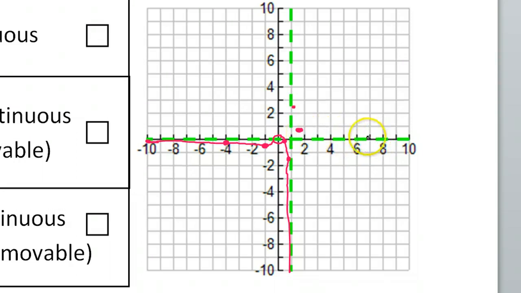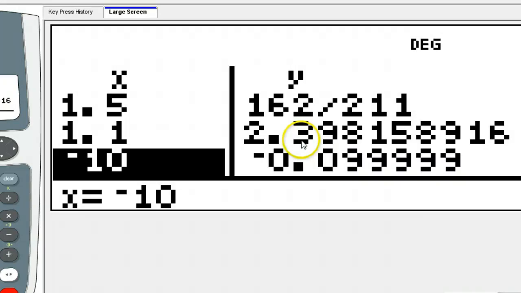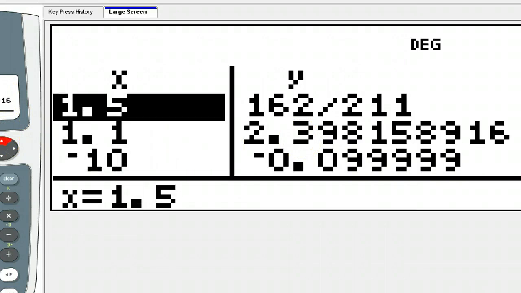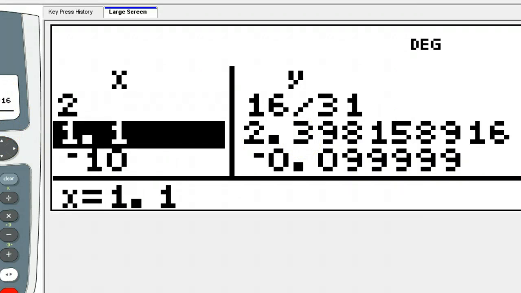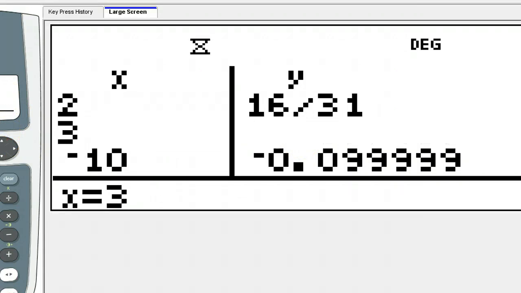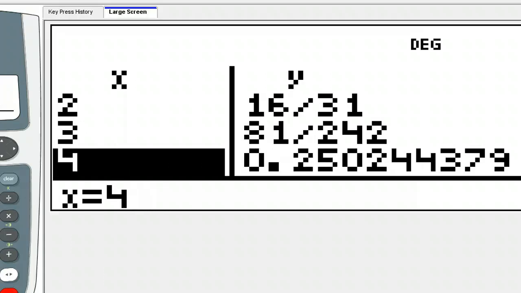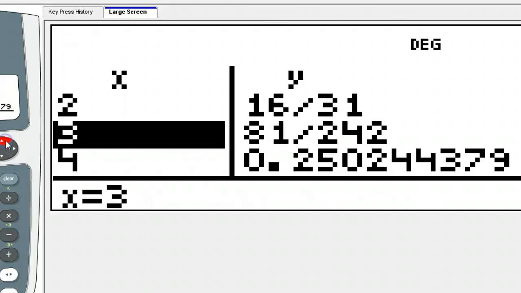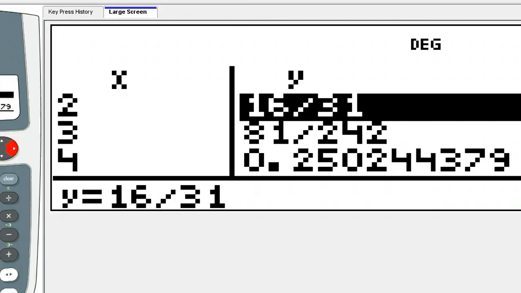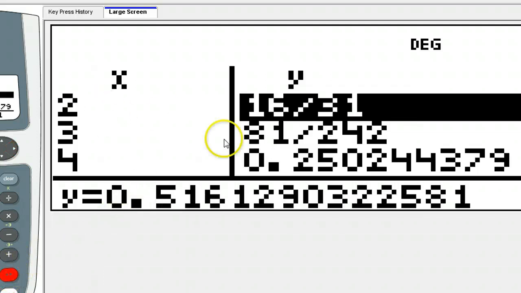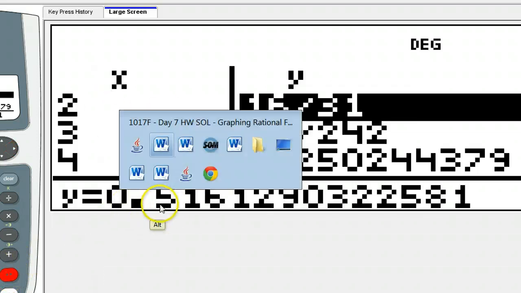And I'm betting that it's going to get closer and closer to 0 over here. So let's see what happens at 2 and 3 and 4, for example. Okay, so at 2, I'm at 0.5.